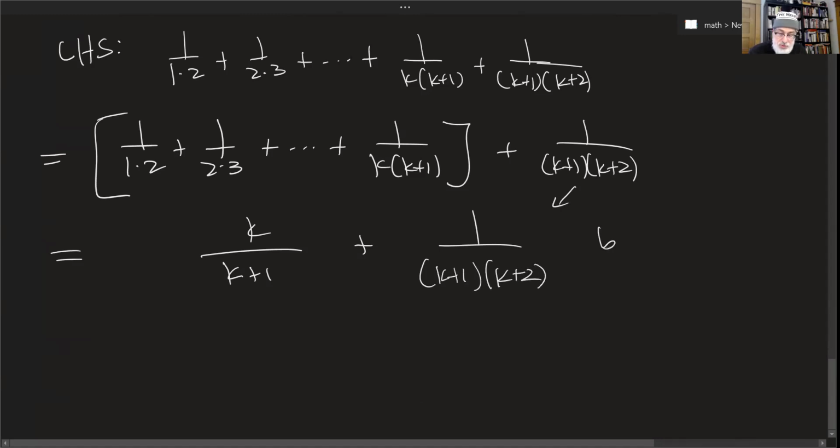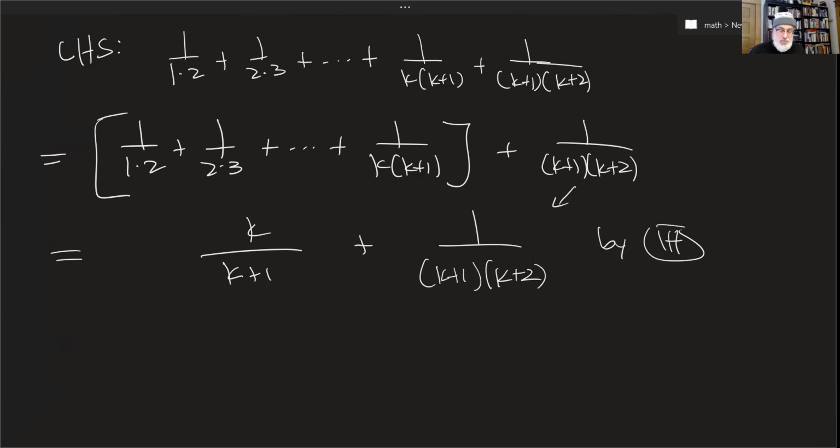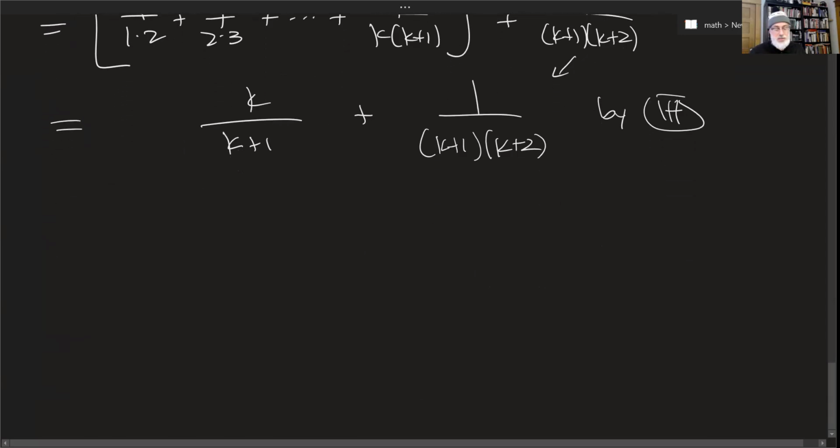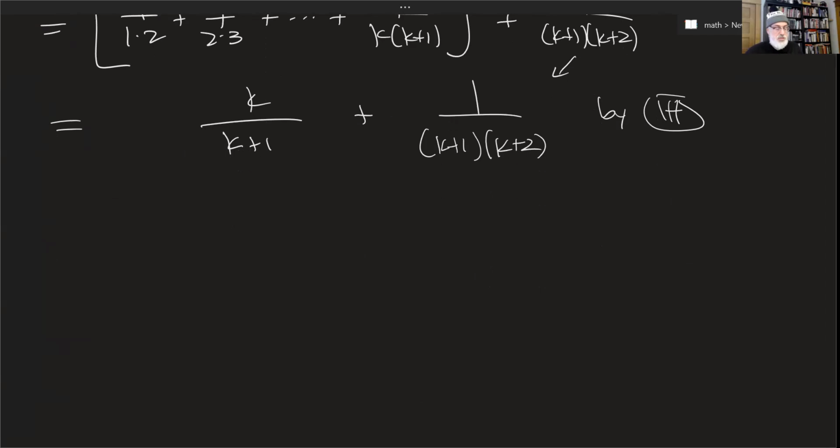We're going to say this is true by the induction hypothesis, IH. All right, so now if I can algebraically manipulate this to look like the right-hand side, then we will have proven that the left-hand side and right-hand side are equal, and then our conjecture is true, and we've found a closed form for that summation.